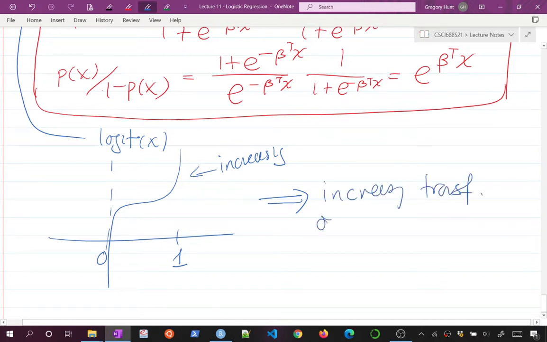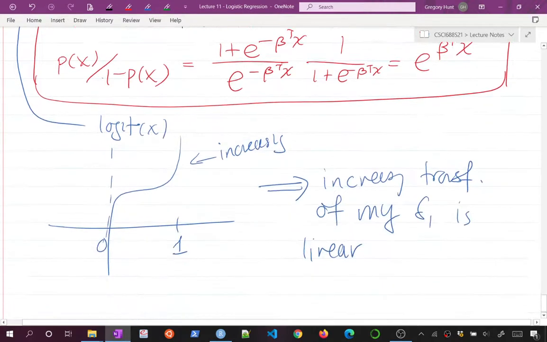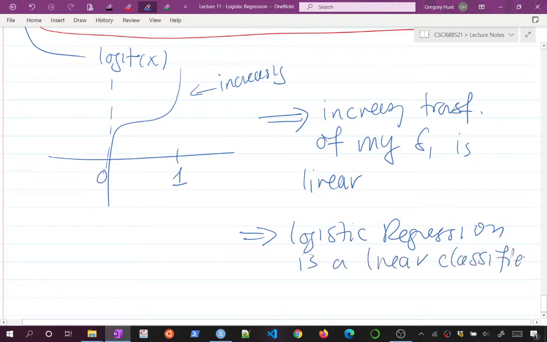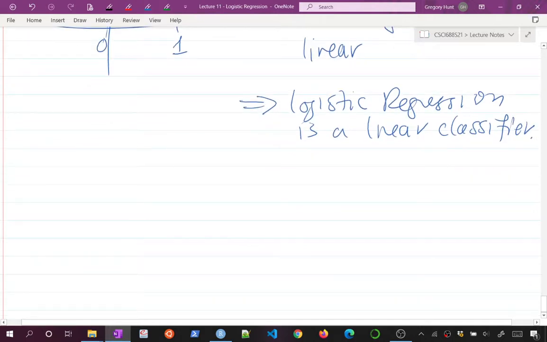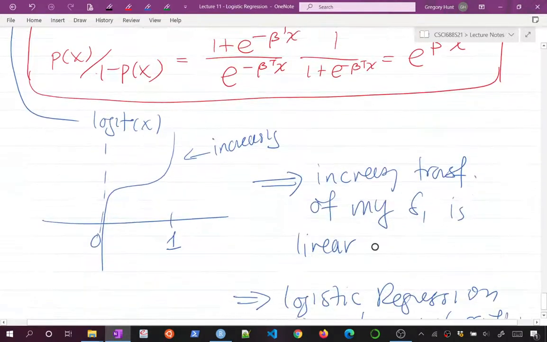This logit gives me back something that's linear, beta transpose x, which means logistic regression is a linear classifier. So we learned another linear classifier. It doesn't feel like it should be, but it is. If you believe the math, it's a linear classifier.